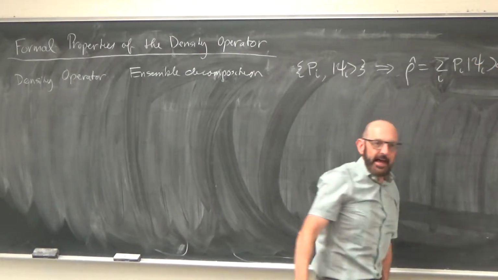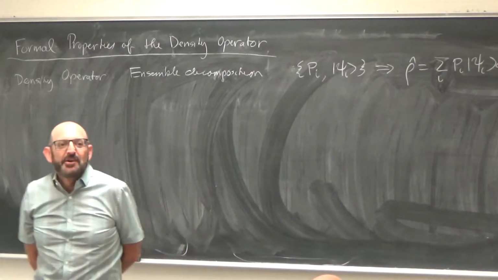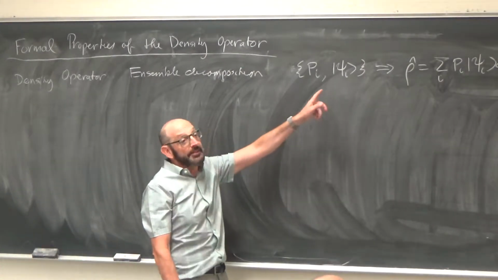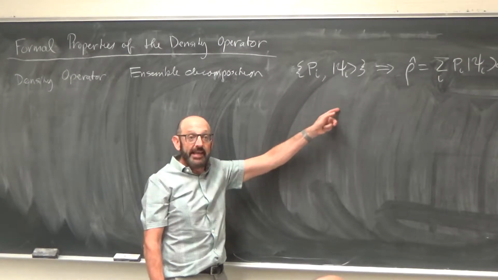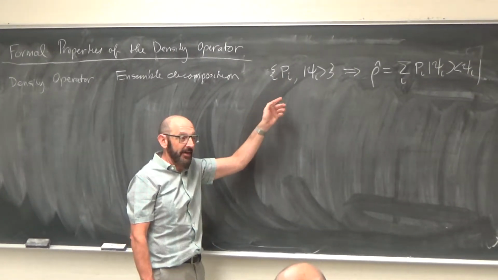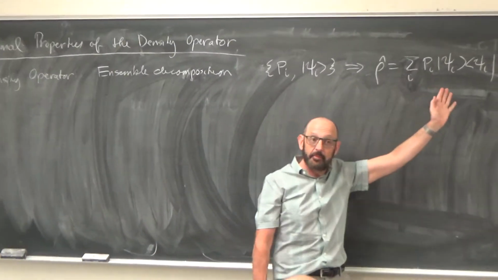We saw an example of that with the coin flip, right? There the ensemble was either up along Z or down along Z, and then I had the probability of having heads or tails, and I would take the sum of that.